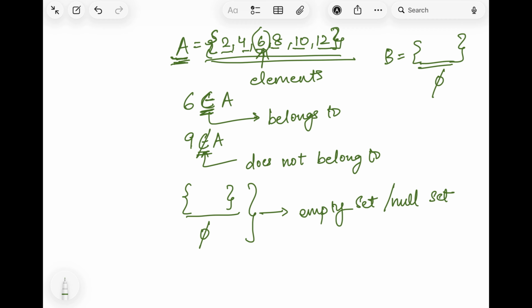We normally write an empty set keeping it empty in the pair of curly brackets, or this is another way of writing a null or empty set. Okay, so this or this, you write any one of them to write that it is an empty set or a null set. So these are some notations of how we write certain things in set notation.